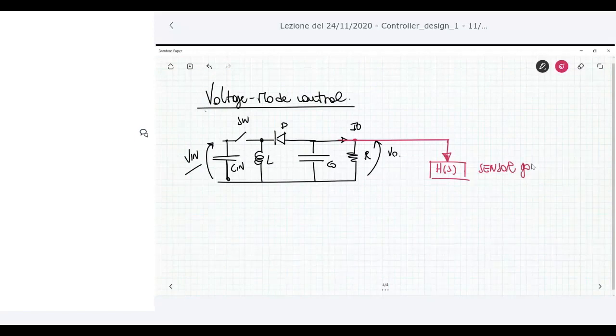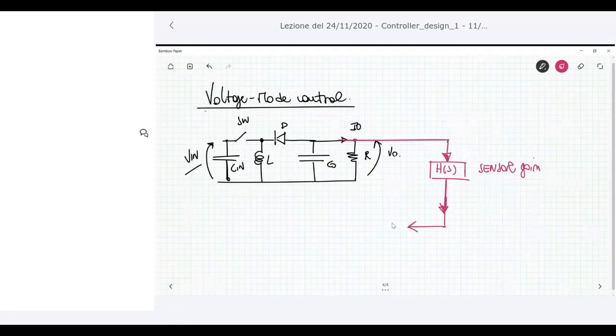We can call it the sensor gain. So the output voltage is sensed. The sensor has a specific transfer function. It behaves differently versus the frequency. Typically in voltage mode, this sensor gain is just a voltage divider made by resistances.